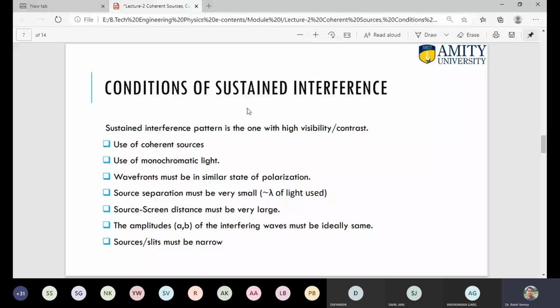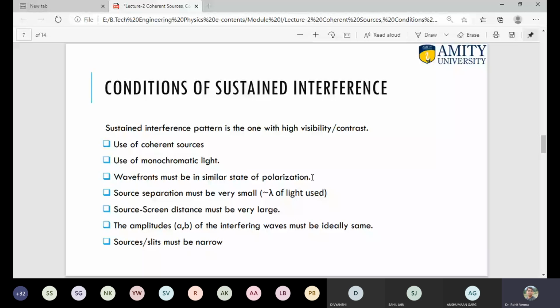The first condition: the interfering sources should be coherent sources. They should be of monochromatic light, of single frequency, that's why they are called monochromatic. Wavefronts must be in a similar state of polarization. Means if one source is plane polarized, then all the interfering sources should be plane polarized.